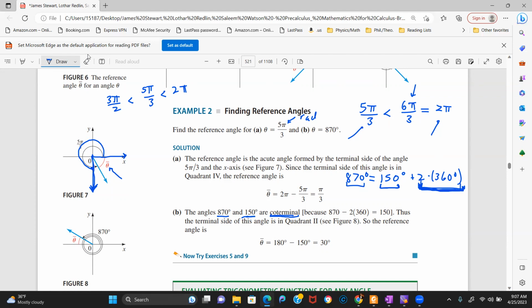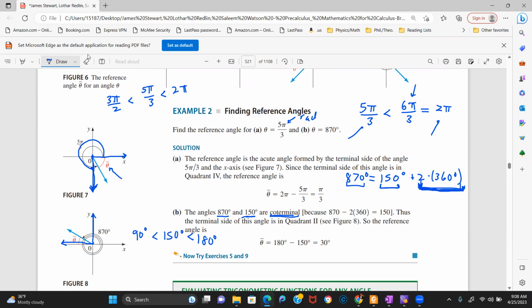Well, you know that 150 degrees is greater than a 90-degree rotation, which corresponds to rotating up to here, but it's also less than half a rotation, which corresponds to rotating so that your terminal side is here.